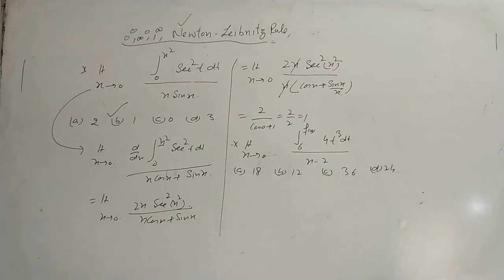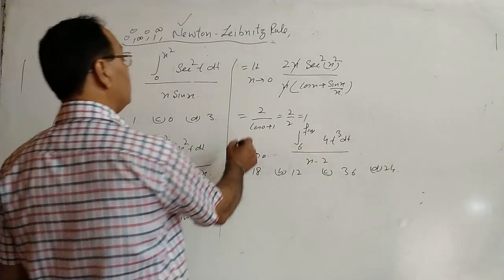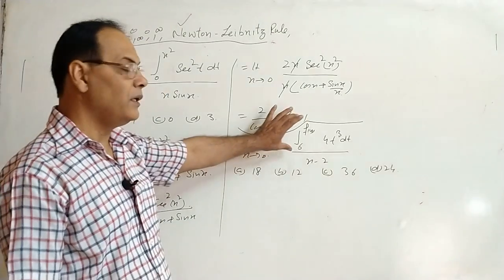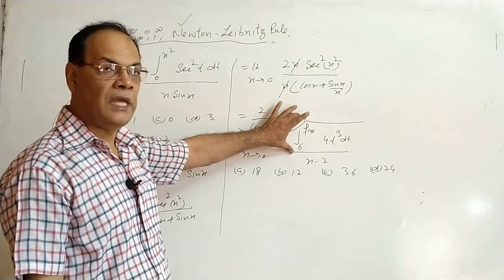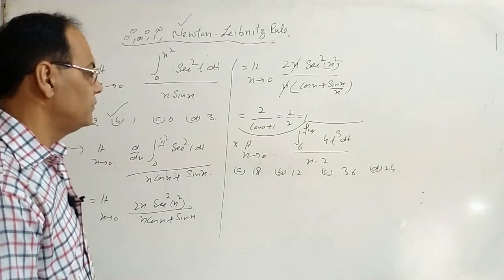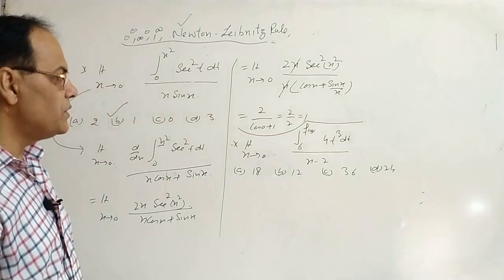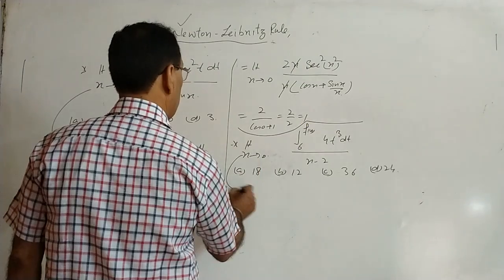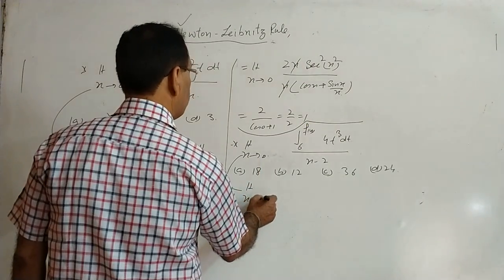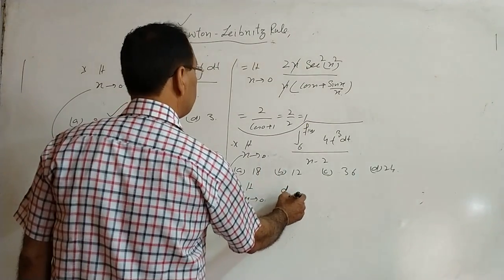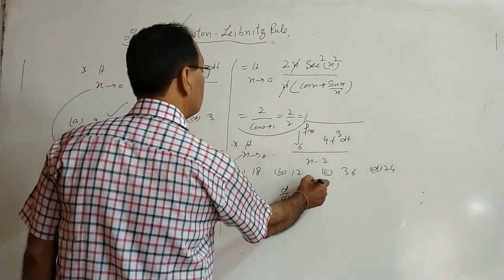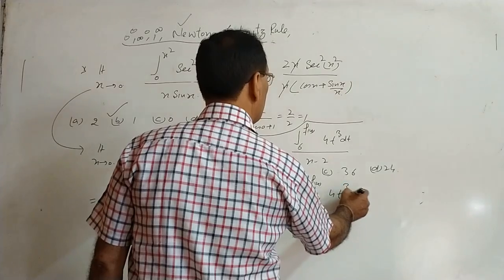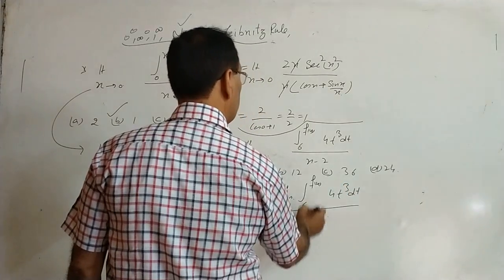So again in the numerator you see we are given the integral sign of this function. So again I will use L'Hospital rule. So limit x approaches to 0, derivative of numerator, then derivative of denominator, which becomes 1.